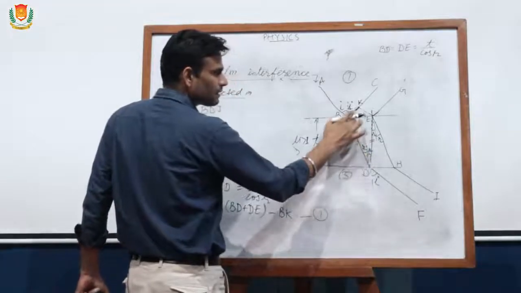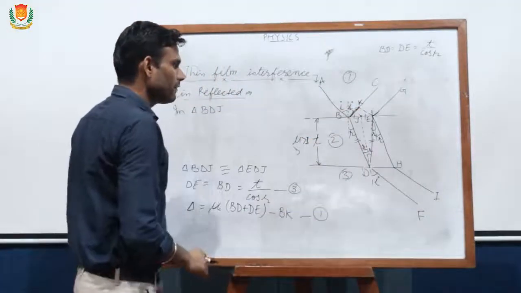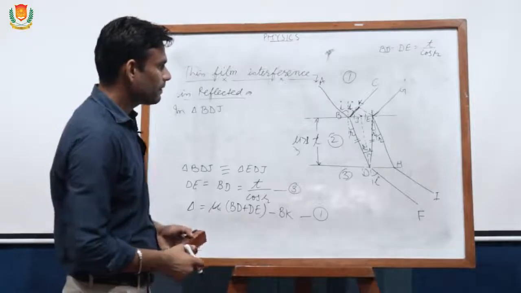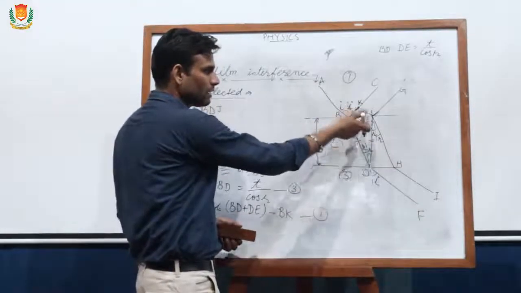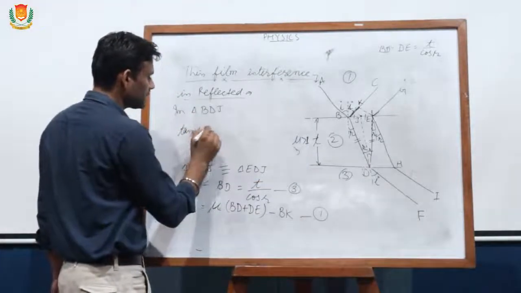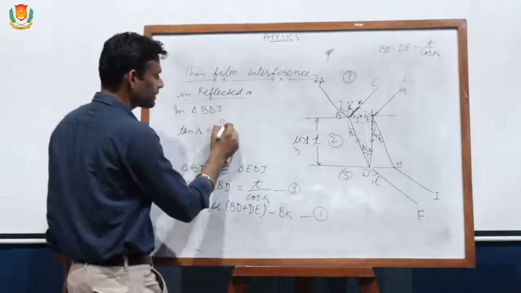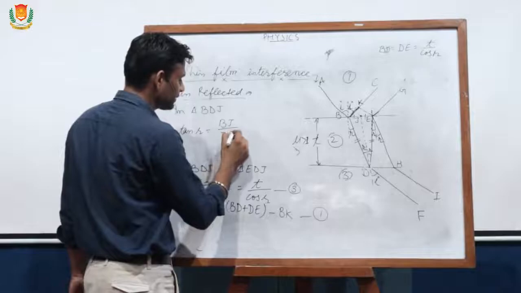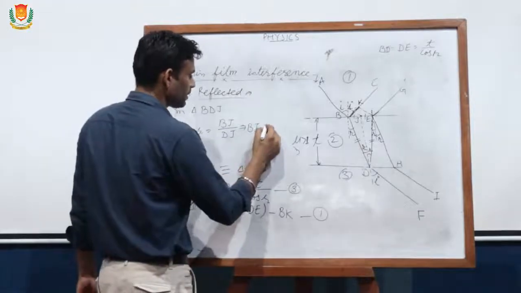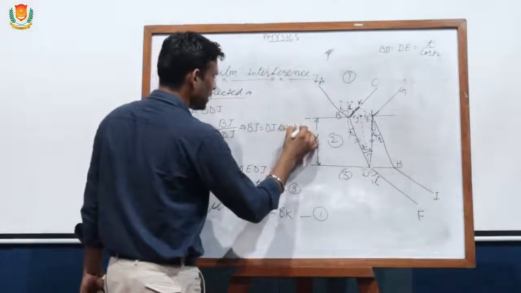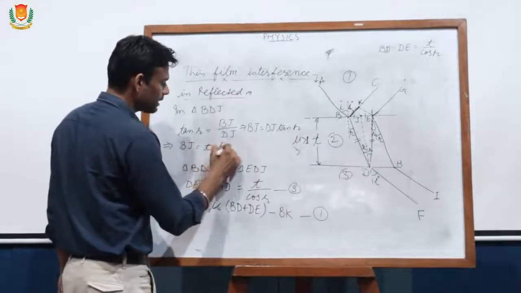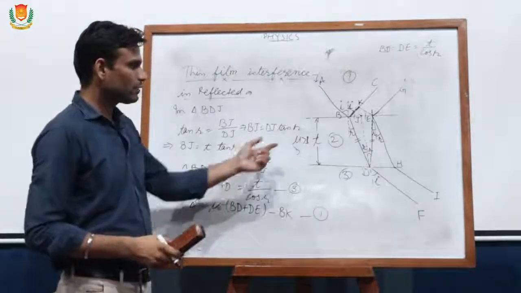So this is the angle, the opposite side is the perpendicular, which we have to calculate, and we know this base DJ, which is equal to T. So we put here the formula tan R. Tan R is perpendicular upon base, perpendicular is BJ, base is DJ. So BJ equal to DJ tan R, or you can say BJ equal to T tan R, because DJ is equal to T.